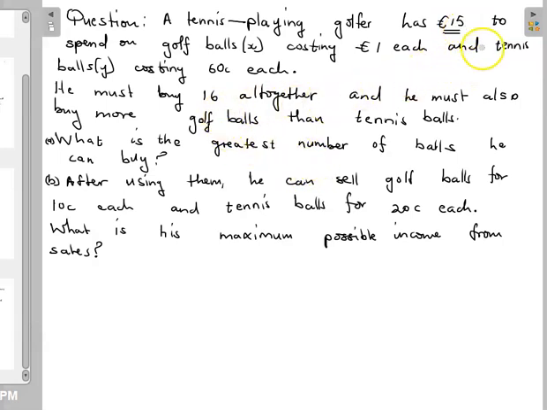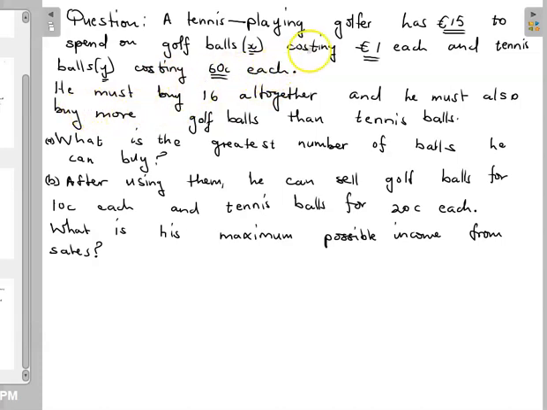He has 15 pounds to spend on golf balls, which will be represented by the letter X. They cost €1 each. Sorry, I said pounds here, it's euros. And tennis balls, represented by Y, cost 60 cents each.